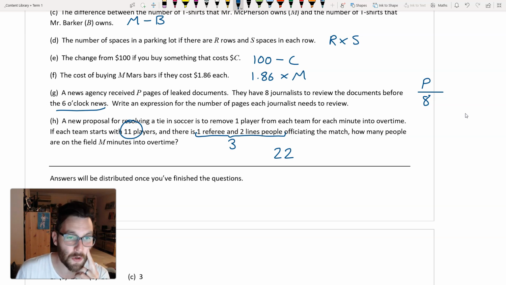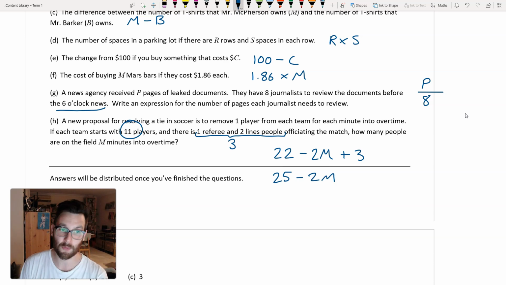So for every minute that goes by, 2 players are going to leave the pitch, so take 2 times M. And we've also got to take into account the 3 officials as well. So writing that in this way is a little bit more simple. 22 plus 3 is 25. Take away 2M, as in we start off with 25 people on the pitch, and then for every minute that goes by, 2 players are going to leave.